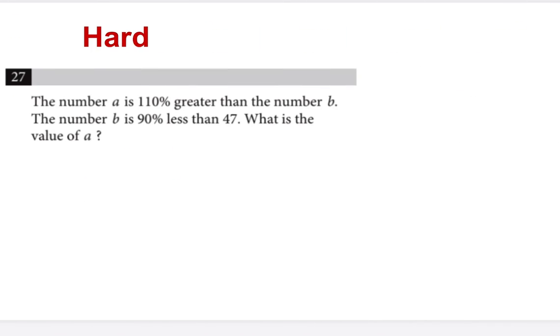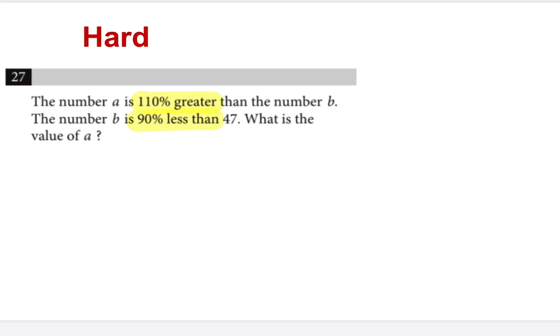Now, let's move to another type of question. Here it says that the number A is 110% greater than B, and B is 90% less than something. So we have two cases, two scenarios, so we need to write down two equations.